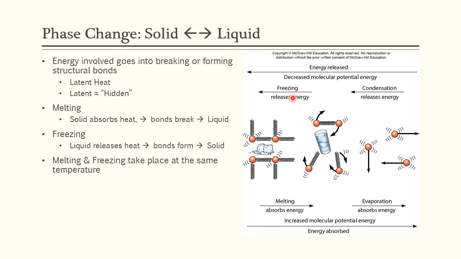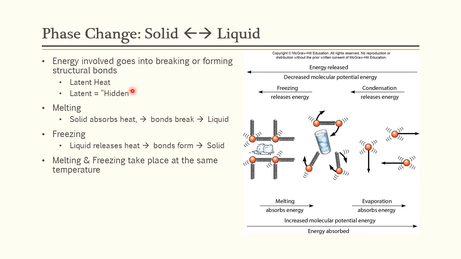And a key thing here is that freezing and melting take place at the same temperature. So for example, for water, it's 0 degrees C. There's no temperature change happening during a phase change. And this is one reason it's called latent heat. For melting, you keep putting energy in and you don't see a temperature rise. It's hidden heat.